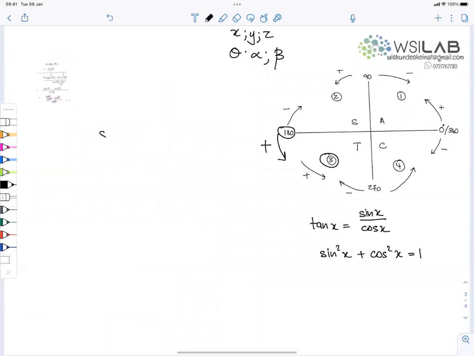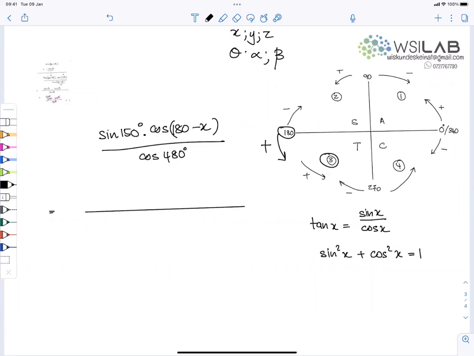I can say sin of 150 degrees times cos of (180 minus x), divided by cos of 480 degrees. Okay, do you want to try that one on your own? I think so. See what you can do on your own.